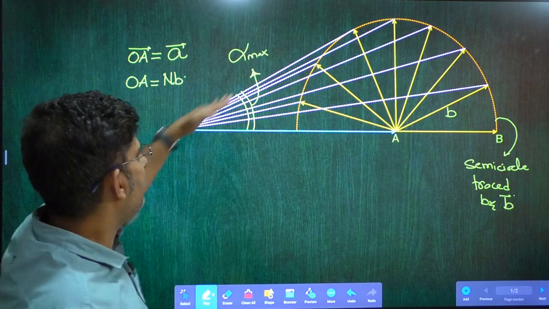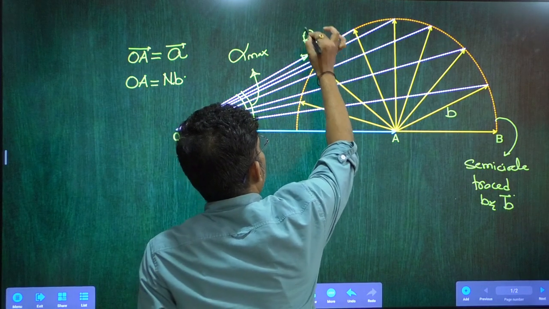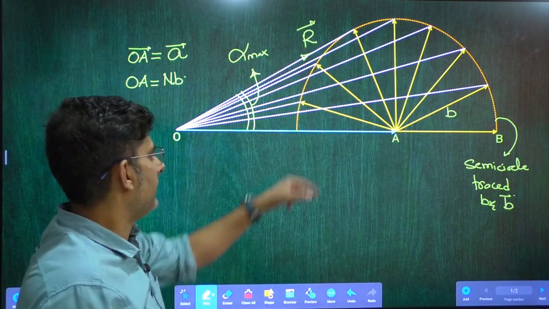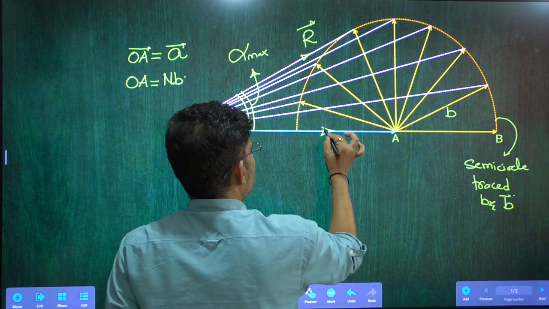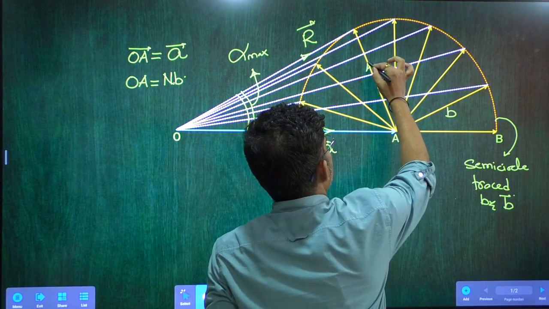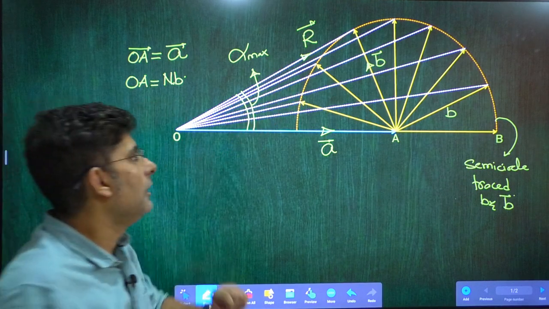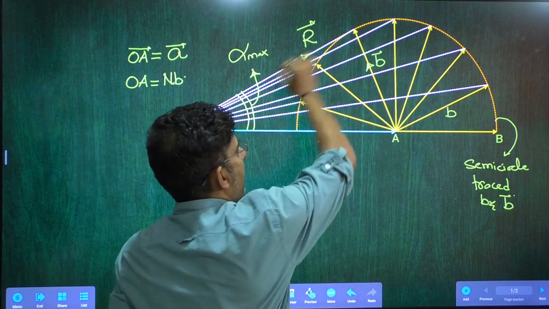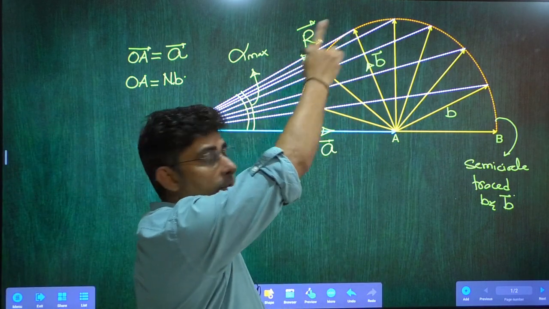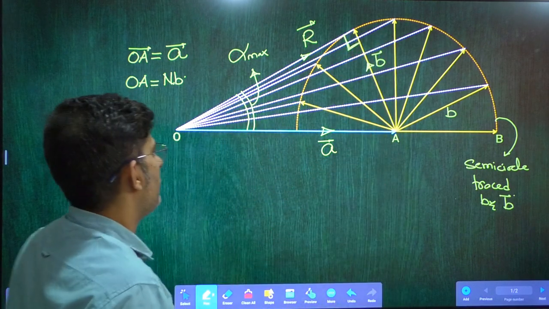And when we take this as the resultant giving the maximum angle with A vector, this is A vector, and this is B vector, corresponding to which we get the maximum angle out of all. You can see this R vector is simply the tangent to the semicircle. That means this angle is 90 degrees. That's it. So our question is solved.